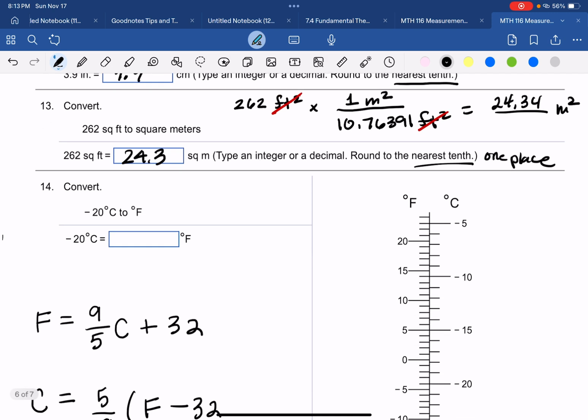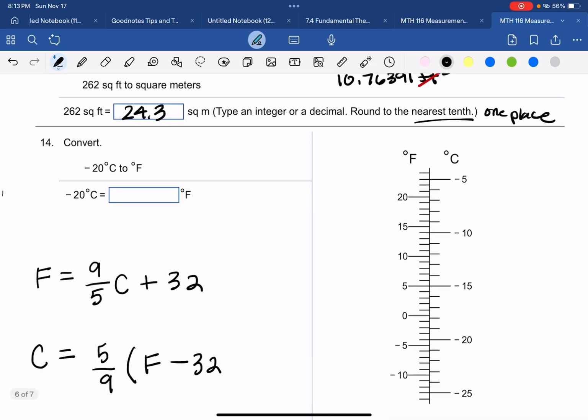Okay, last one. This one is different because we have to use a formula. This is a temperature conversion, and the system that we typically use here is degrees Fahrenheit, where 0 degrees doesn't really mean anything. So 32 degrees is freezing, and water boils at 212 degrees.